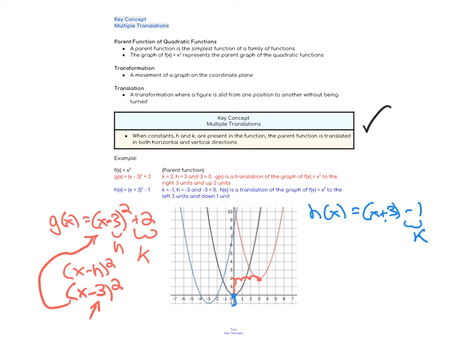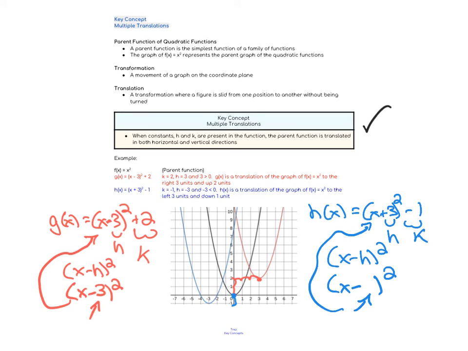Now we want to look at our h. So again, we have x plus 3 squared. So let's break this down a little bit. So we have x minus h squared. And this becomes x minus something squared. Well, what do I have to put in right here so it looks exactly like this, which is plus 3?